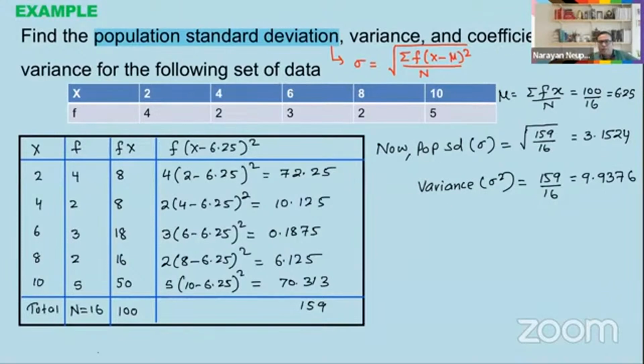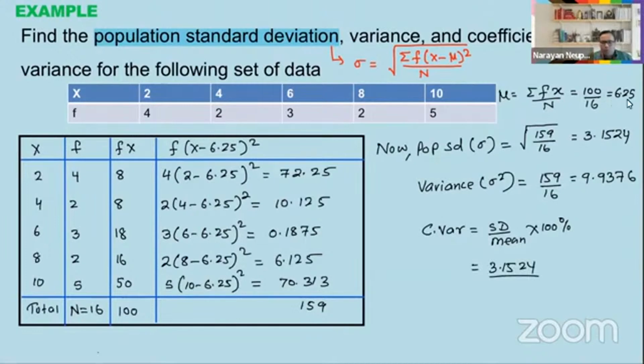And the last thing we want is the coefficient of variance. So we write CVAR. And if you remember, the formula is standard deviation divided by mean multiplied by 100%. These are all the formulas that you have seen in our previous class. Now, all we need to do here is plug in the values and simplify. Standard deviation is 3.1524 divided by mean.